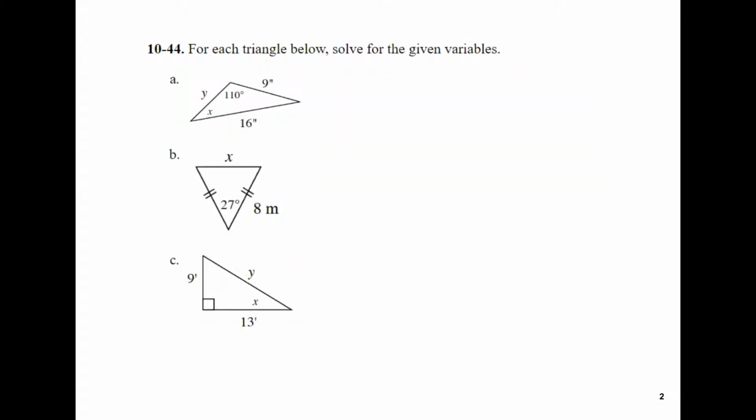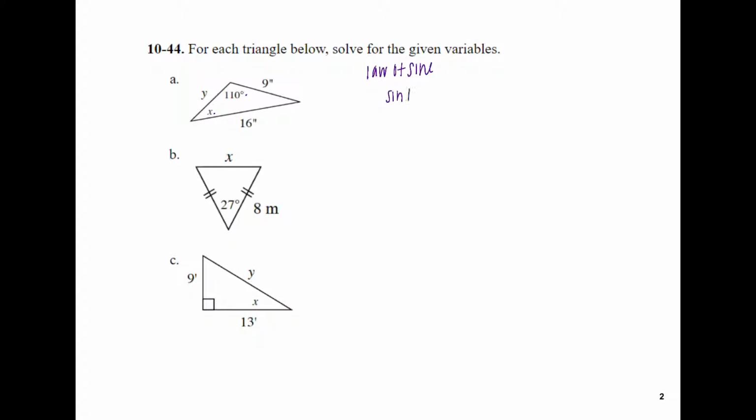1044 says for each triangle below, solve for the given variables. So in triangle A, I notice that I am looking for an angle, am given an angle, and then given two sides opposite those. So with the law of sines, we can solve for a missing angle by setting up a proportion.